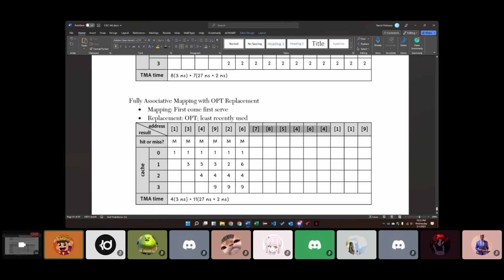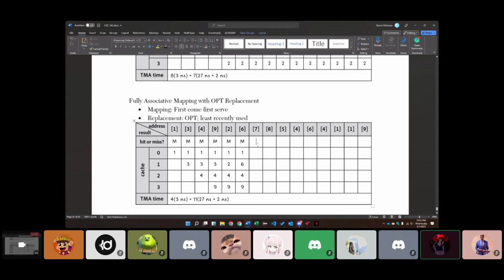We found 4, 6, 1, and 9. All four are over here. So the rightmost one is the one to replace. Unlike in LRU, where the leftmost one was the one to replace, here it's the rightmost one. So 9 would be replaced. It doesn't matter if you had another 6 here, or a 4 here, whichever one is the rightmost is the one to replace in any case.